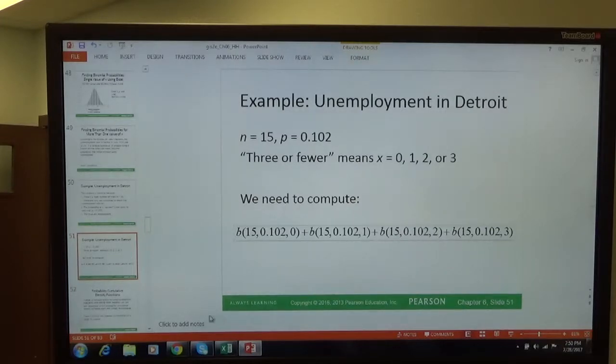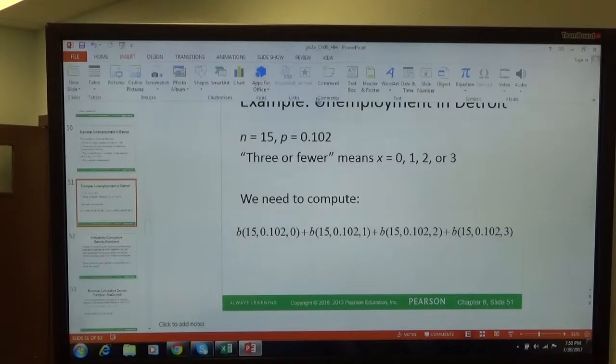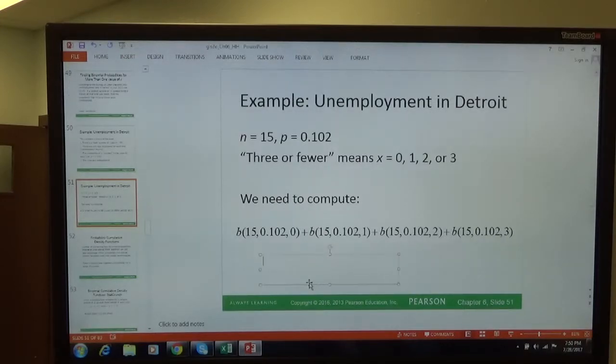But you will get exactly the same result if you type equal to binom.dist, 3 or less, 15 trials, each person has a 10.2% chance of being unemployed, and true. You will find it's exactly the same probability.